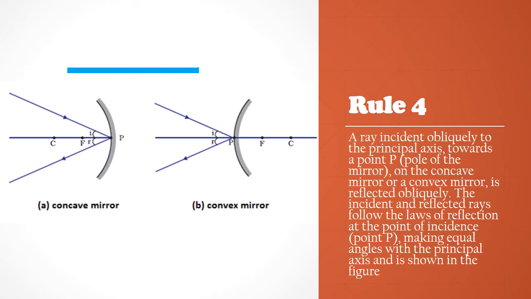This is your reflecting surface. Now on this surface, let us consider an imaginary line. This is your imaginary line and it is perpendicular to your reflecting surface. This imaginary line is known as your normal.